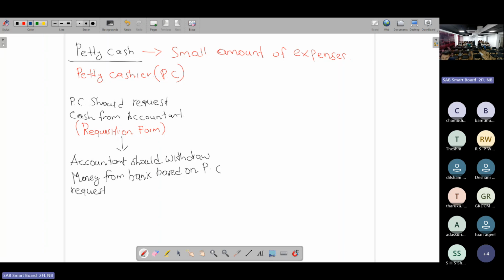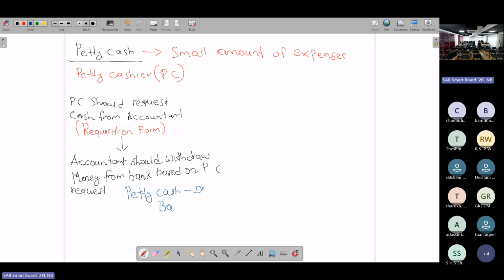In the cash book, in the bank account, sorry, petty cash account, petty cash book: petty cash debit, and relevant bank account credit.